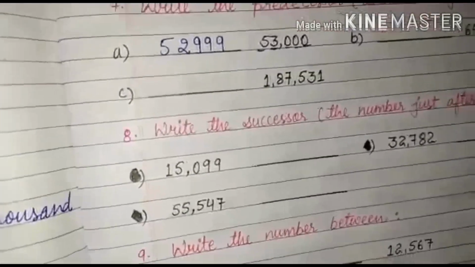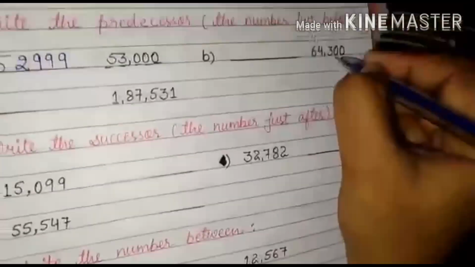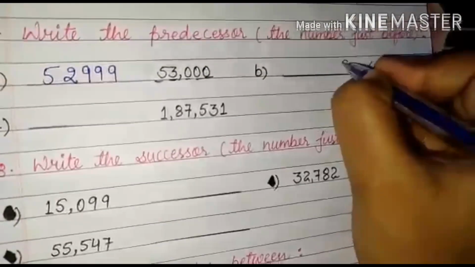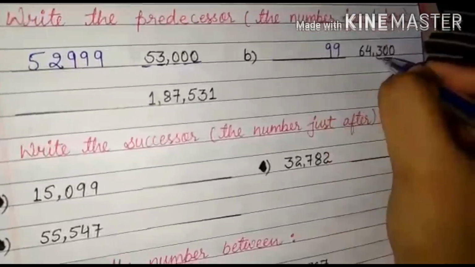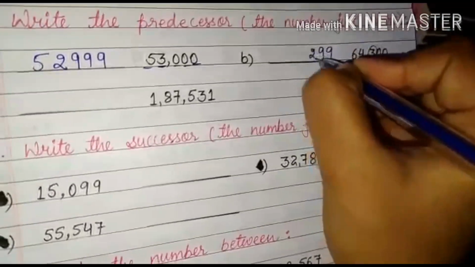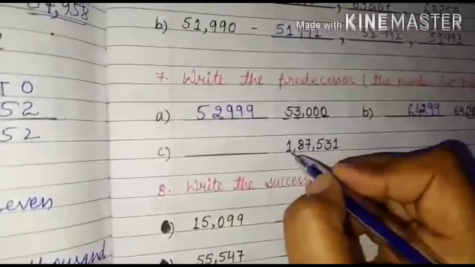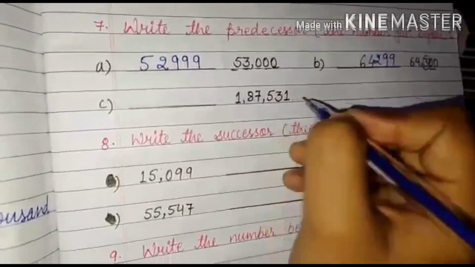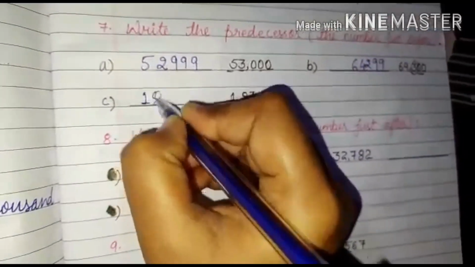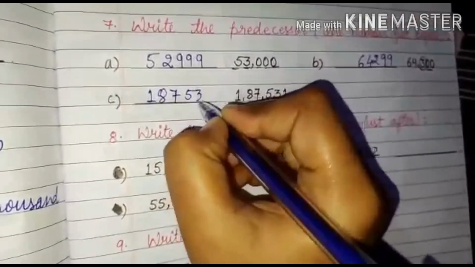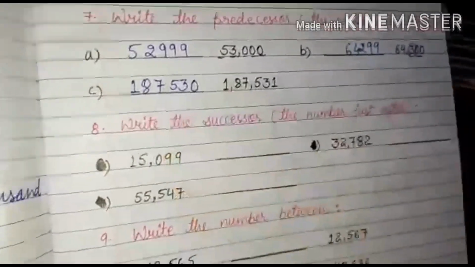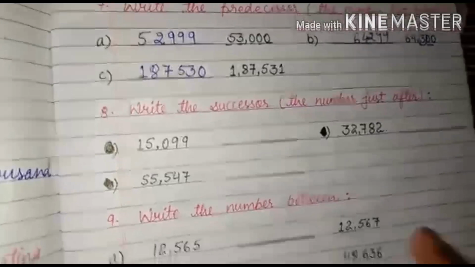It's very easy. In the same manner, you have 2 zeros here. So what do you have to write? 2 9s with it. And 3. Just subtract 1 from the number and you got the answer. It's so simple. Now it is 1,87,531. It's so easy. You just have to change the last digit. That is, before 1 you got 0. It is so easy.